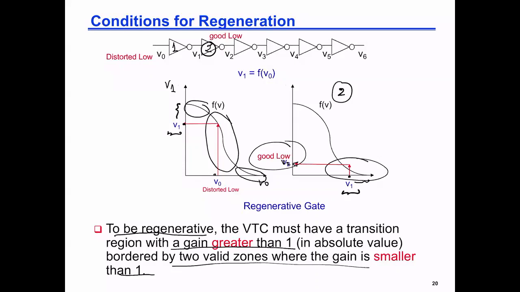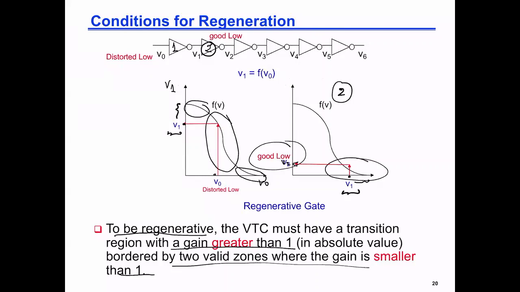The transition region helps me flip between the 0 and the 1, and the small gain regions, within the noise margin regions, allow me to have an almost constant response for the range of the noisy input.